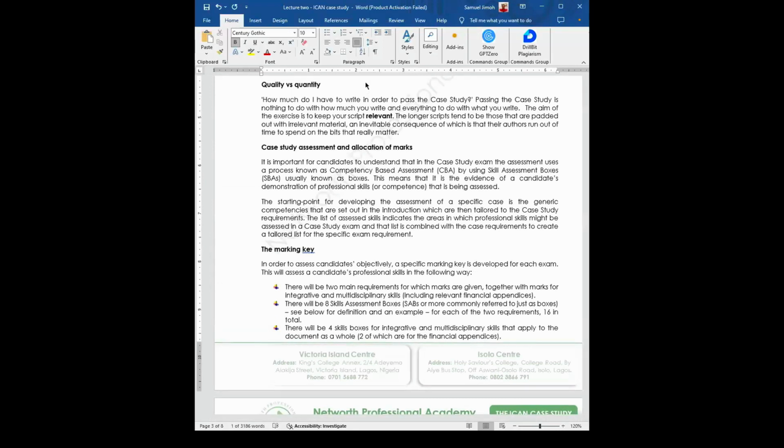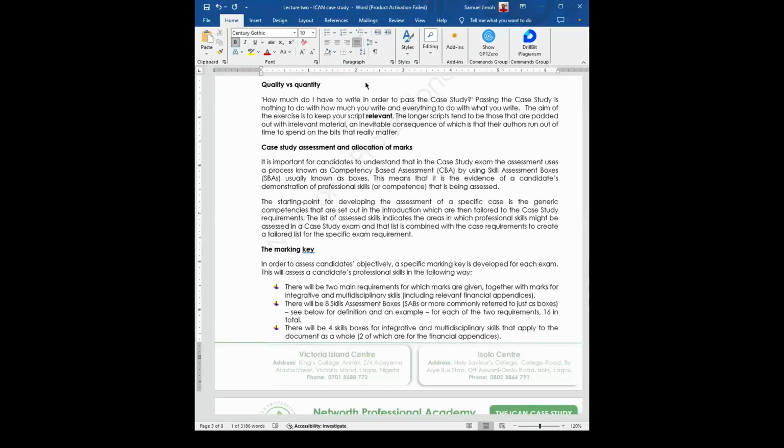Then we could talk about which is better, quality or quantity. Which is better? Now, what is better for case study exam is what? Quality. Is it for you to write so much or to write little with quality?